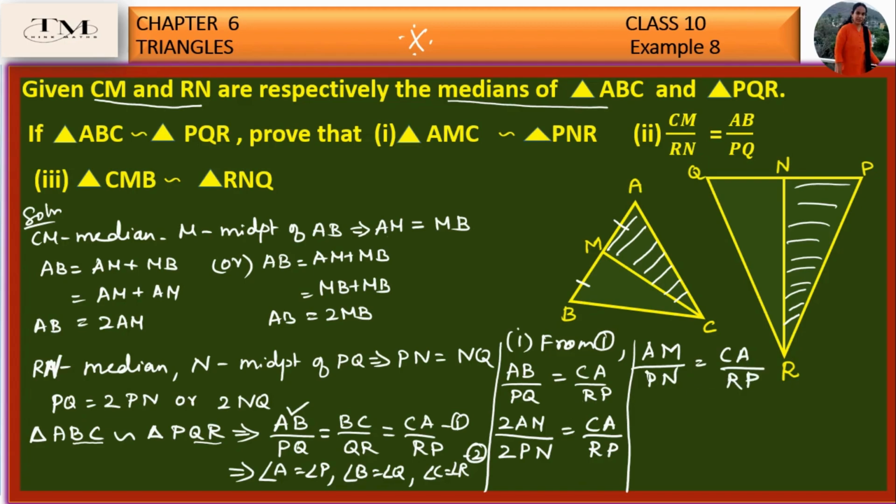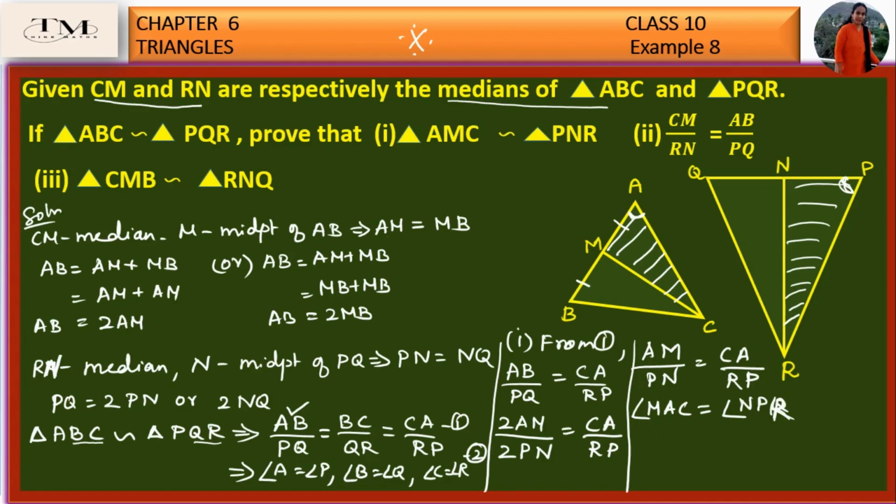So we got 2 corresponding sides proportional. Now if we prove an angle equal, then by the SAS criterion we can prove the similarity. Already we know that angle A is equal to angle P by the similarity of triangles ABC and PQR. This can be written as angle MAC is equal to angle NPR. So angle A is equal to angle NPR.